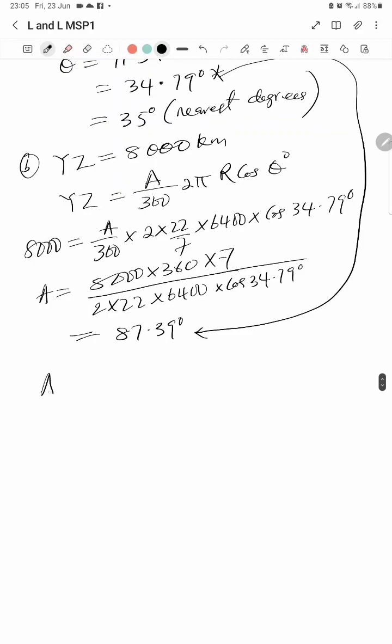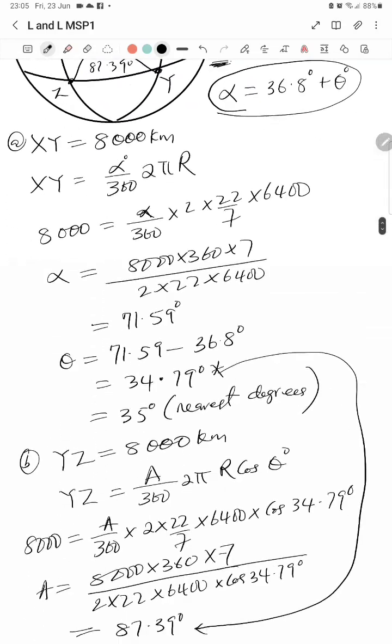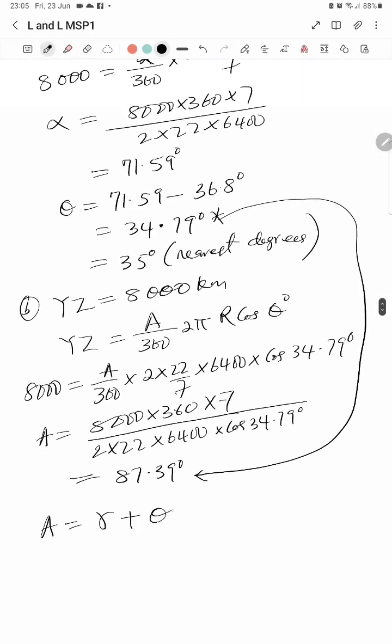That means A is gamma plus theta, so our gamma is going to be A minus theta.